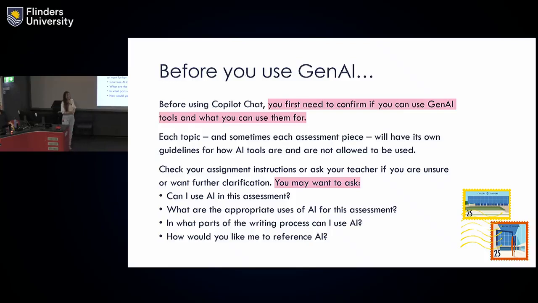If you can't find any information about whether or not AI tools are permitted, just ask. Ask your tutor, ask your topic coordinator, post on your Flow discussion board. Always find out a yes or no or yes but before you embark on using any tool. If you don't, you can get yourself into academic misconduct, probably by accident.